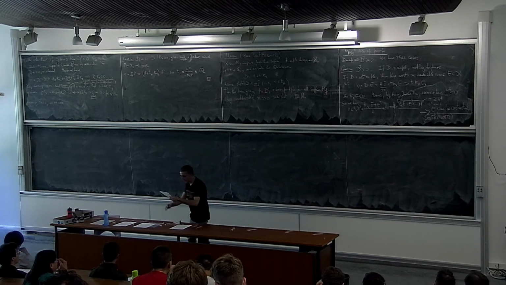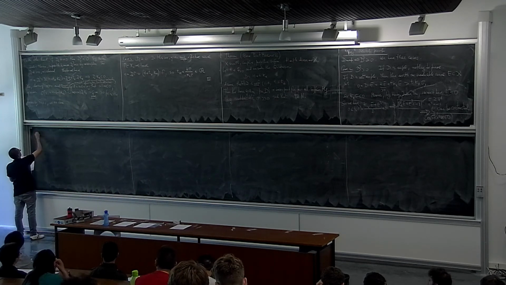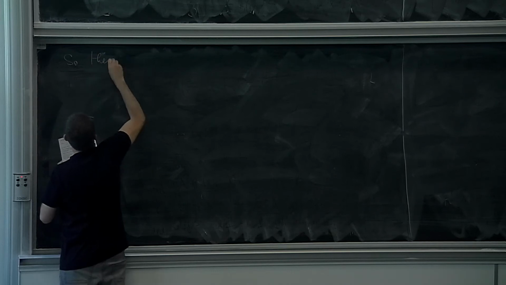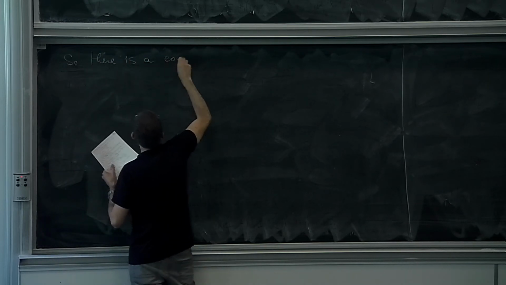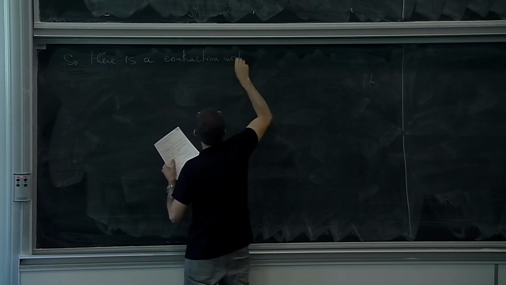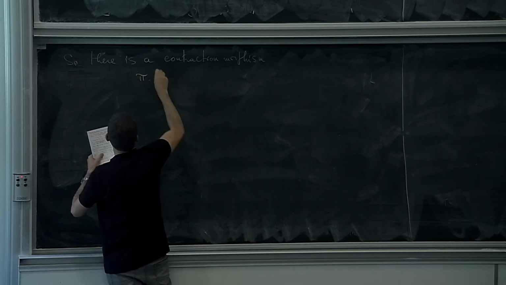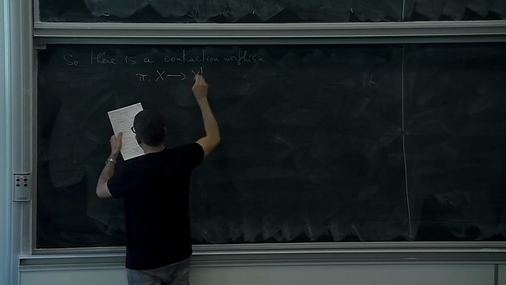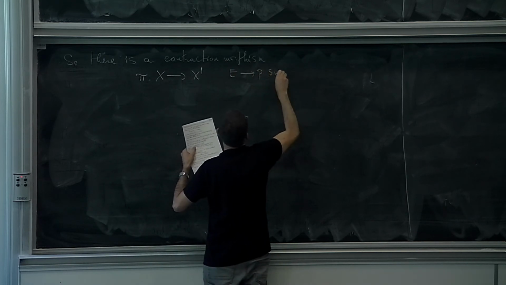Okay, so there is a contraction morphism p from X to X prime, E to a smooth point.